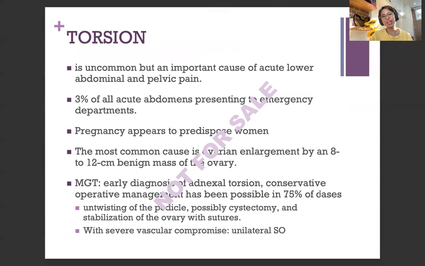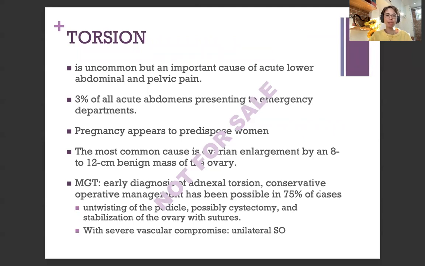Oh, speaking of, it's uncommon but an important cause of acute abdominal and pelvic pain. 3% of all acute abdomens present to the emergency department because of torsion.